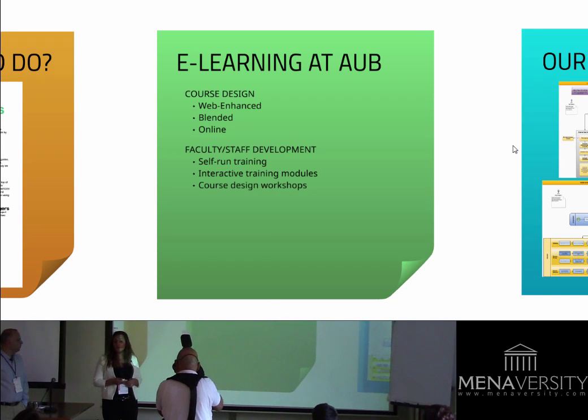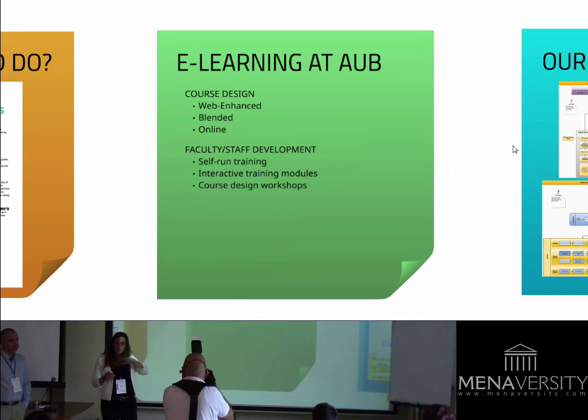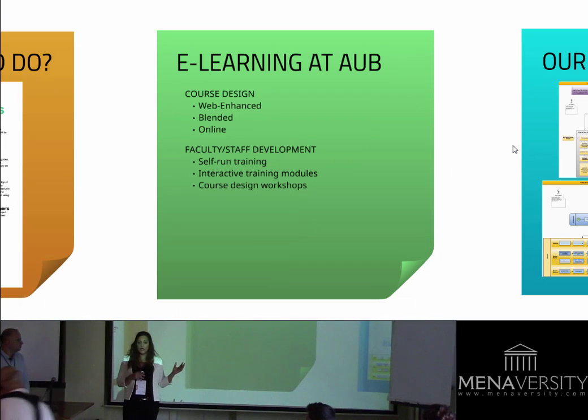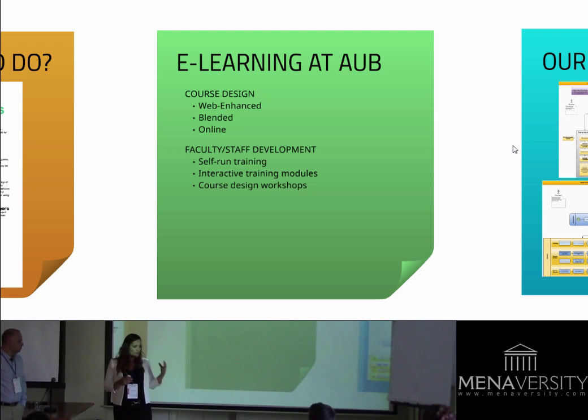And we also offer our departments across AUB a service where we can create self-run training modules for them. For instance, HR has specific training that they offer to the AUB community. They no longer want to do it in this format that we're doing right now. They want to do them self-run, so more faculty can take them at their own time and their own pace. So we work on those as well.